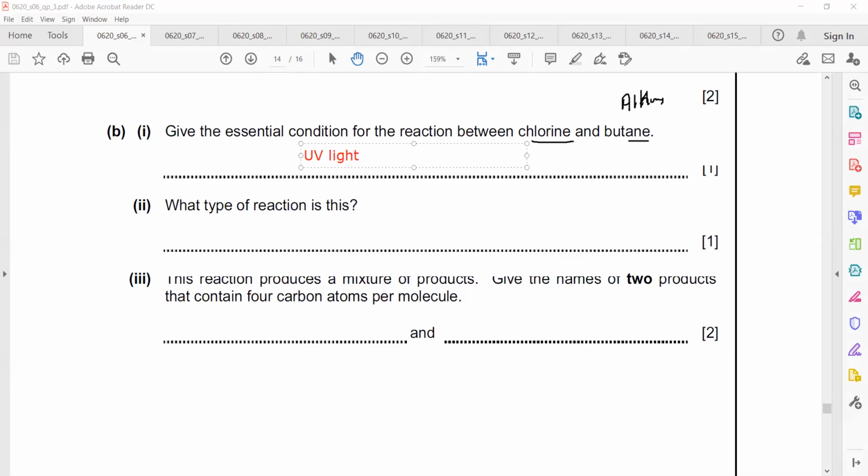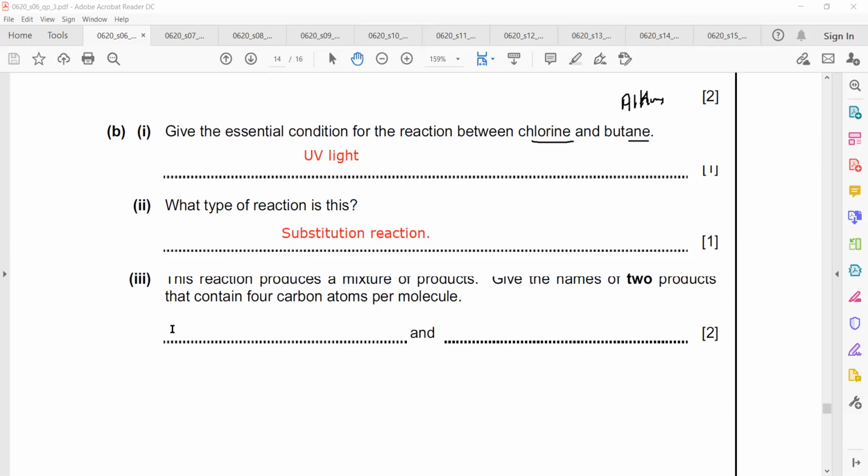And high temperature, but they only ask for a singular here, not conditions. So UV is the right answer. State what kind of reaction occurs when alkane reacts with chlorine. So alkane with chlorine, we call that a substitution reaction.